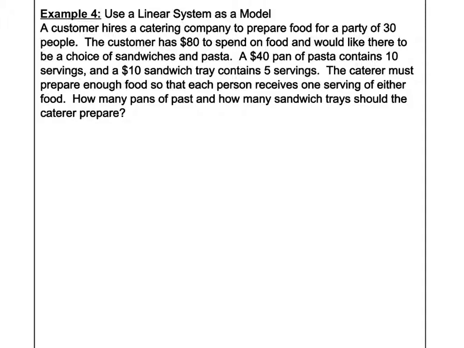Okay, so here's how we're going to work this out. Let's deal with one food at a time. We're going to make an A equation and a B equation. For the pans of pasta, how many servings was it?